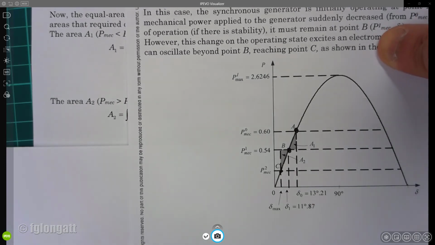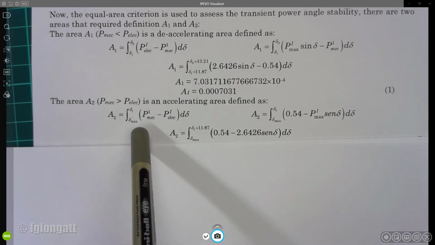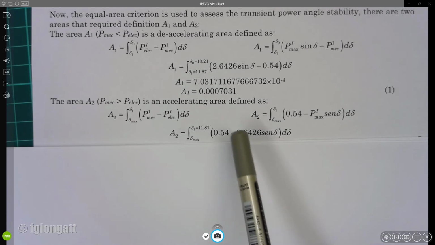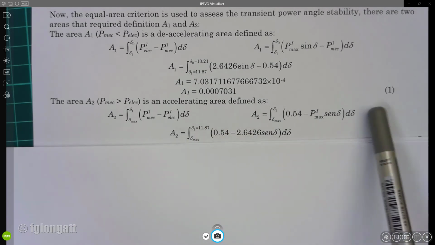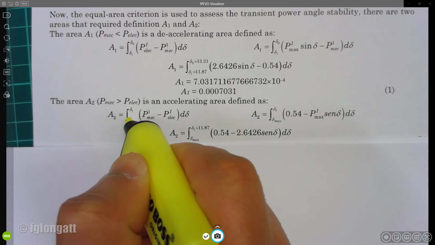The second area, the accelerating area, is basically an integral going from delta max to delta 1, with the mechanical power below and the electrical power on top. This is the good one, because this is the variable that we are looking for.